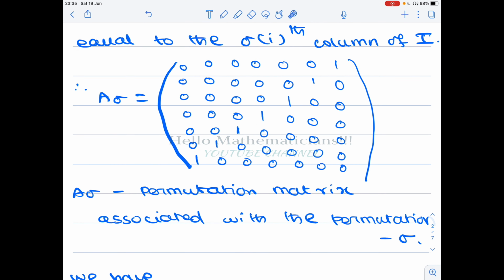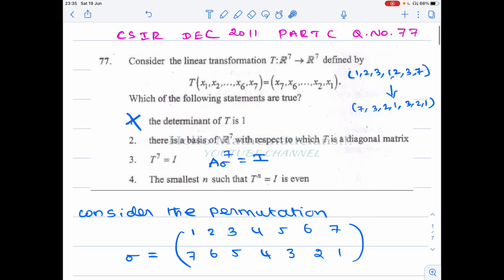This is our A sigma, which is clearly not the identity matrix. Identity matrix means 1 should be here. Therefore, we conclude that this option is false, because T power 7 is not equal to I. T power 7 is actually equal to T, because A sigma power 7 equals A sigma.